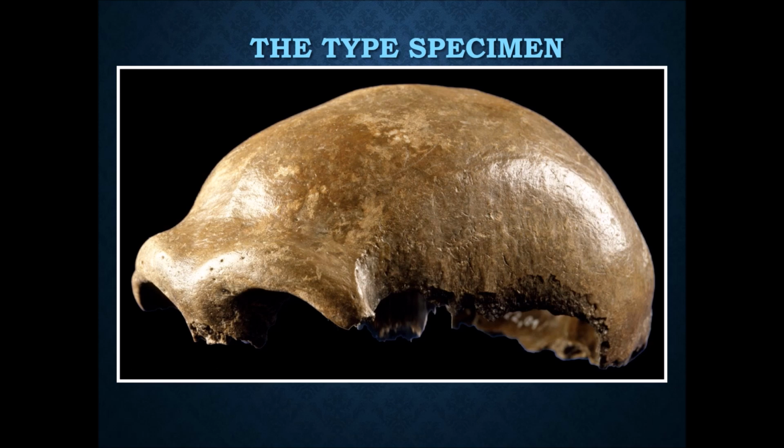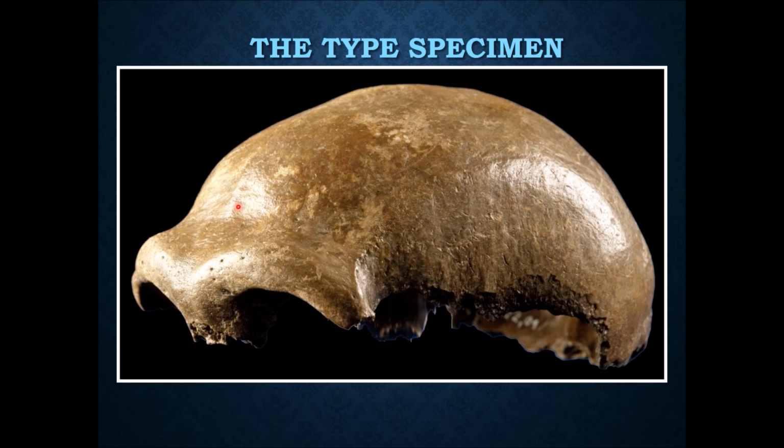First of all, the type specimen was found in the 1800s, and we call it either a calvarium or a calotte. This is just the top part of the skull. You can see it includes the brow ridge, and even way back then when they were looking at it, they saw this big prominent M-shaped brow ridge. By the way, if you see this M shape, it's usually associated with Neanderthals.